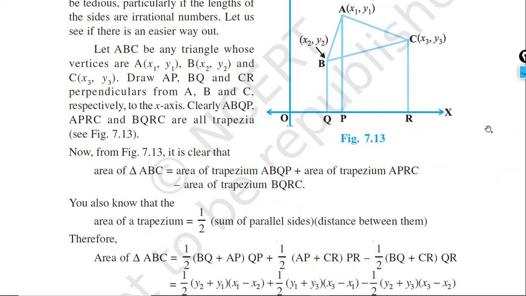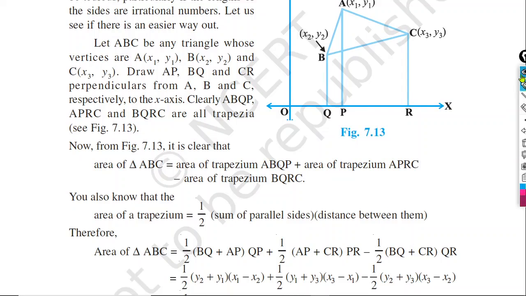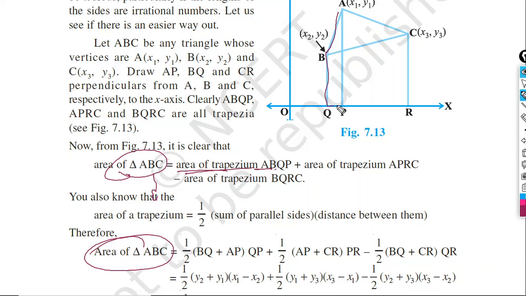Okay. Now here we have written area of triangle ABC equal to area of trapezium ABQP. Look at the figure, ABQP, this trapezium. Now what will be the area? 1 by 2 into BQ plus AP, into QP.